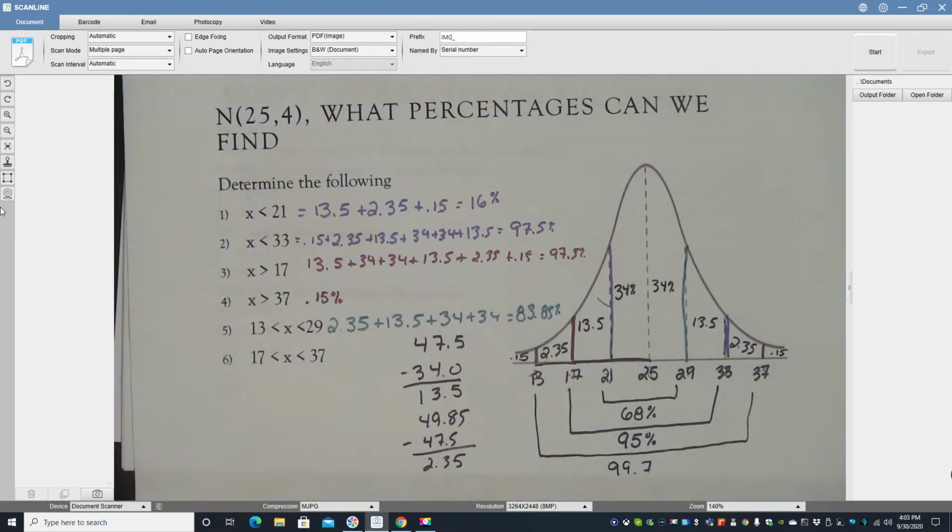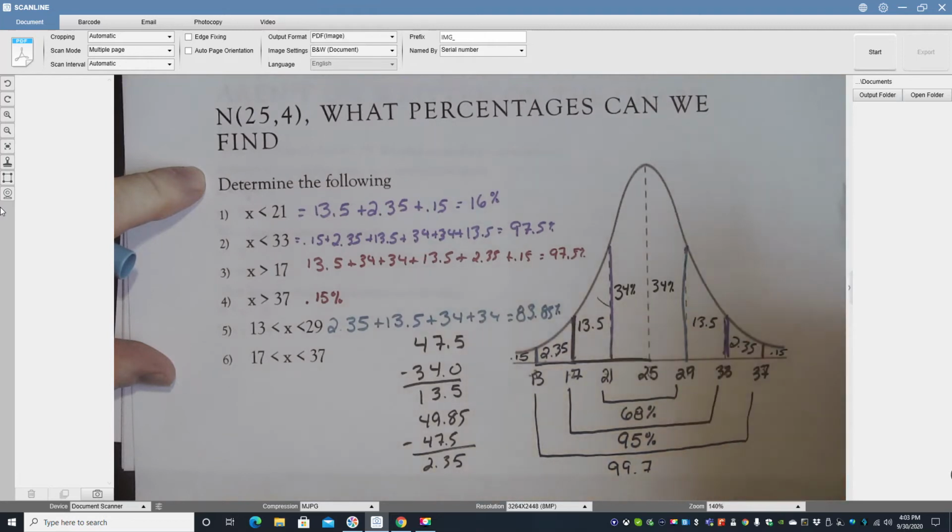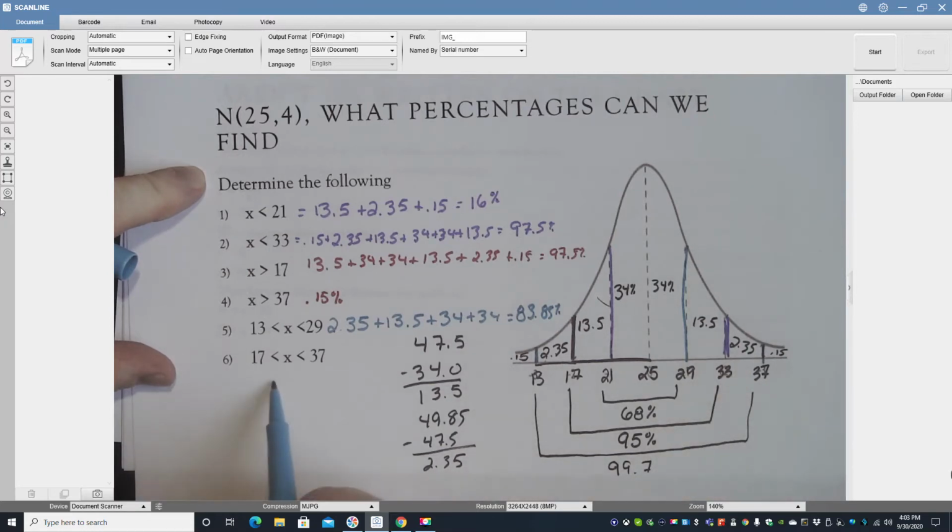Okay, and then if I want to go 17 to 37, I'm going to add everything in between there, which you can trust me on this, is 97.35%.